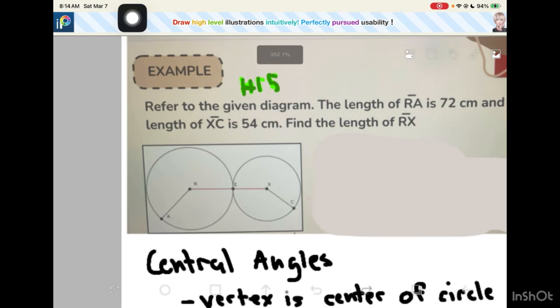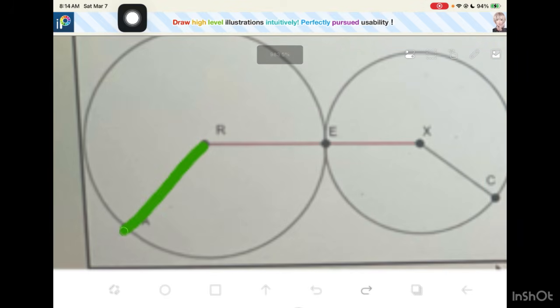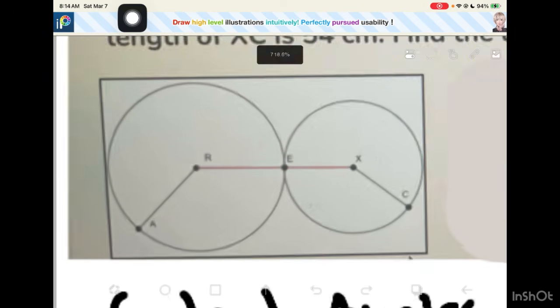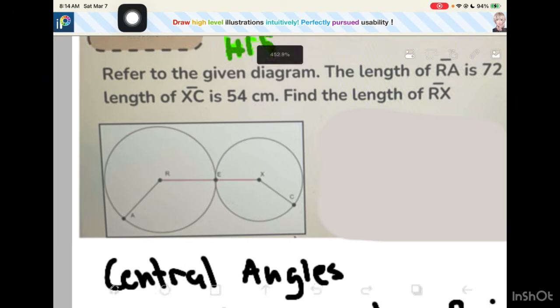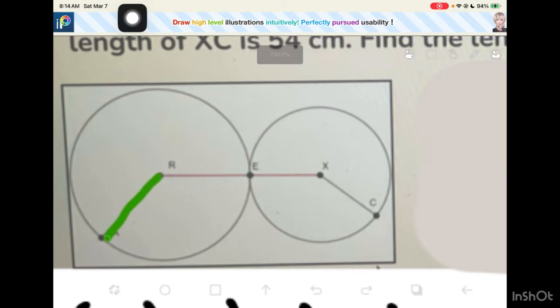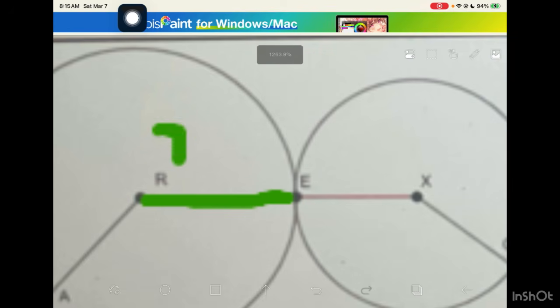So we know that RA is 72. What we can do is spin it around anywhere on the circle, and it's going to result in the same measure. So we have 72 cm here, which means since RE is also a radius, it's also 72.